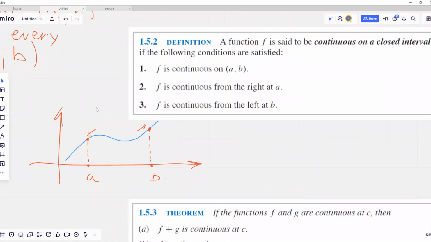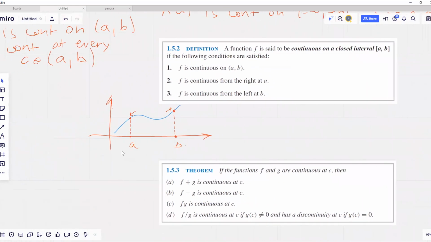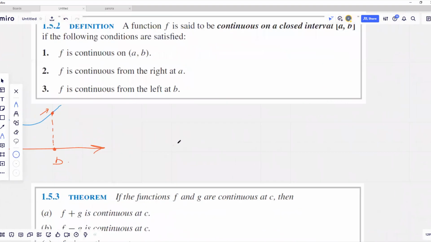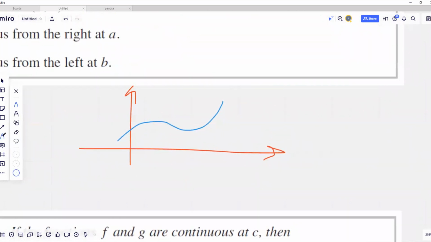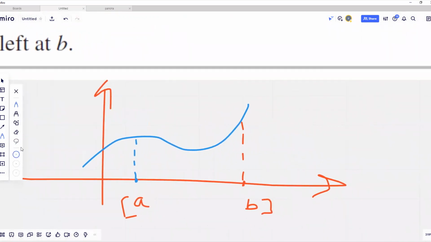All right, now let's take a look at a couple of examples of continuity of a function on a closed interval. Let's say we have the following function, and we are interested in continuity of that function on closed interval from a to b. And let's assume that our function has a removable discontinuity.